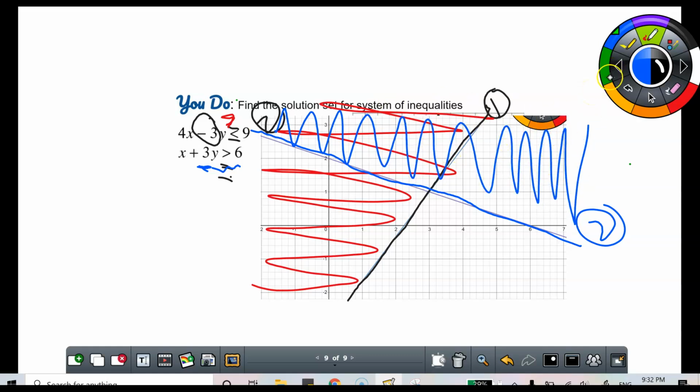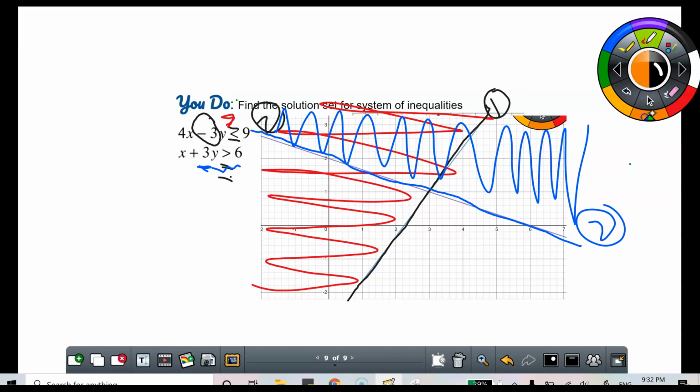And your solution set is the overlapping shaded area, which is here. And that's it. So you can rewrite the two equations into the standard way and try to graph it by hand, and you should get the same result.